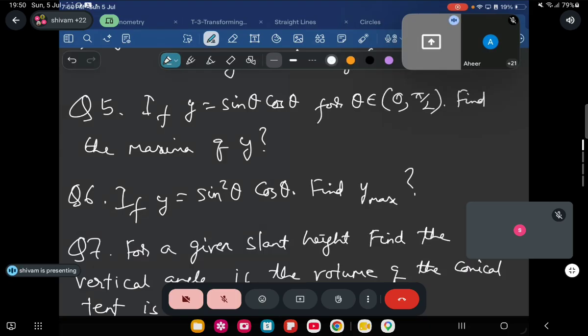Second one, I have got a different answer. Correct. Afterwards, can you tell me what's wrong with my second one? Wait, I'll tell now. Let me see.